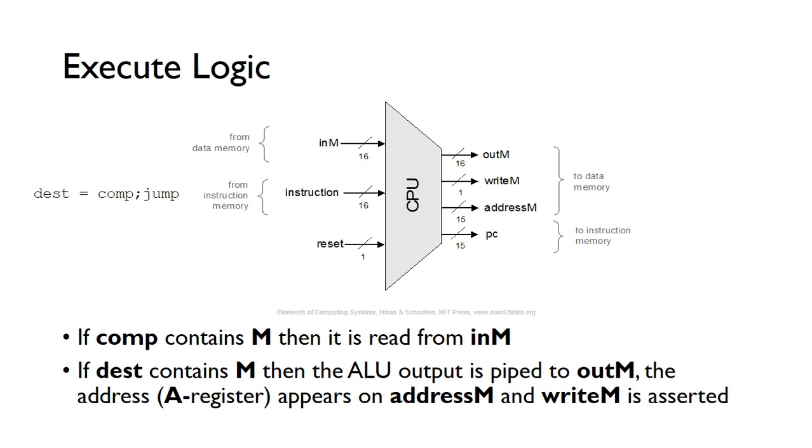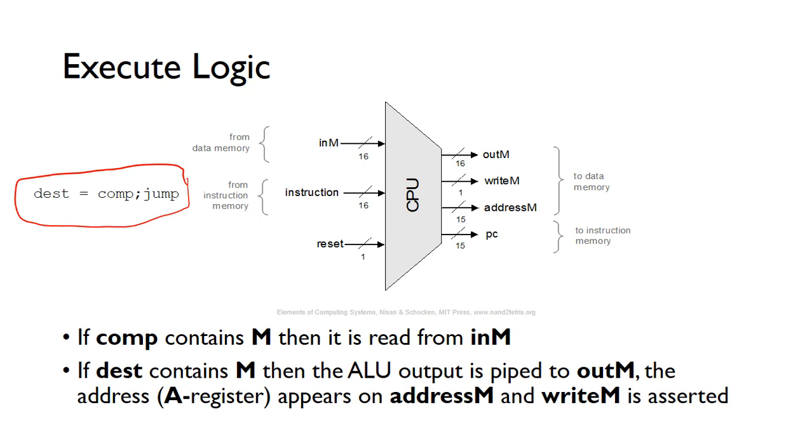We'll first look at the execute logic. We know this is the fundamental makeup of an instruction. We do some computation, we can store the results in a particular destination and then do a jump if required.